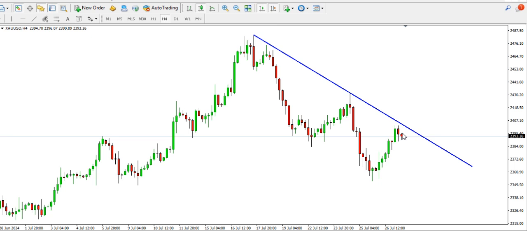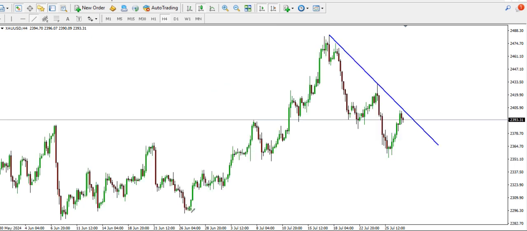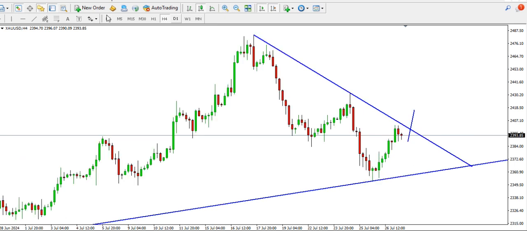On the downside, you can see that on the 4-hour time frame, we have another ascending trend line, another trend line here, and we have like a triangle. Whatever happens, either price breaks up or drops and breaks down, it might likely give us a clue to the new direction of the price of gold.